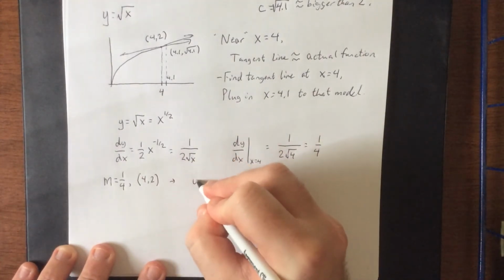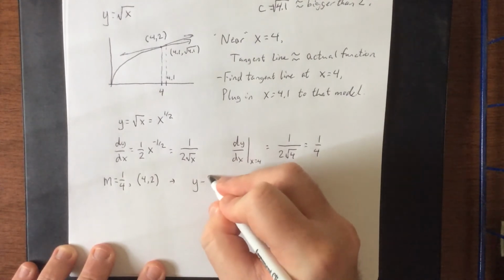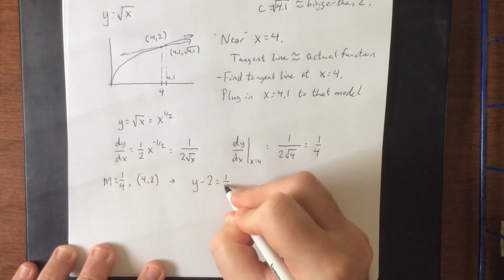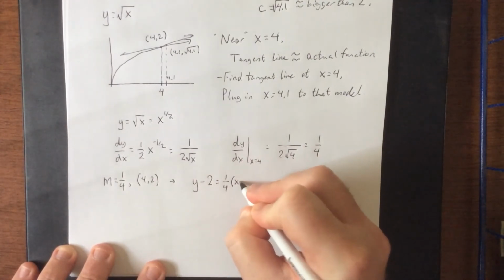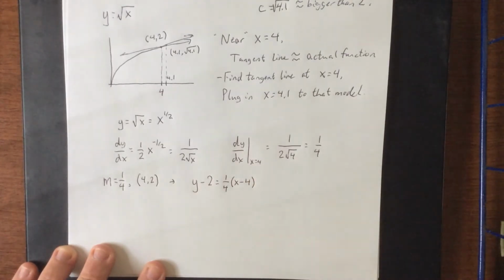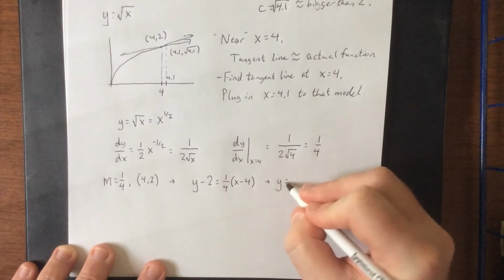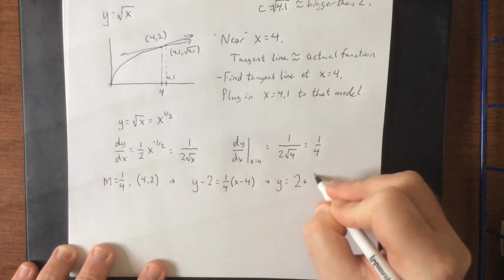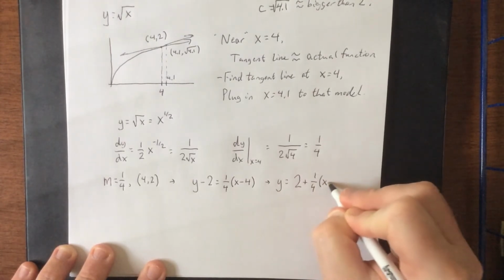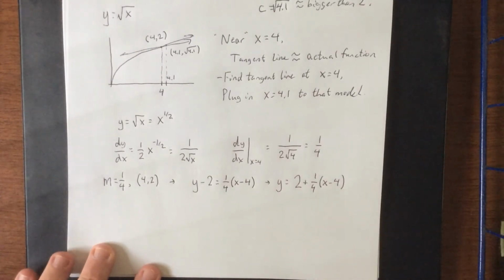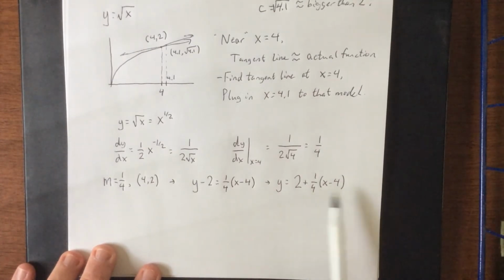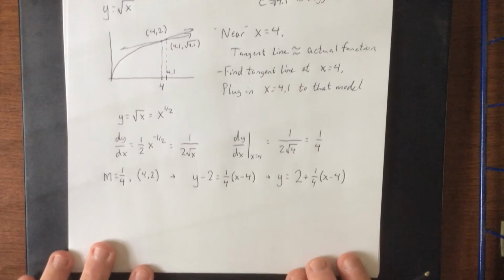Point slope form of a line says we'll do y minus y1 is equal to m times x minus x1. Moreover, if we wanted to simply solve for y, we could say that y is equal to 2 plus 1/4 of x minus 4. So this would be the equation of the tangent line at x equals 4.